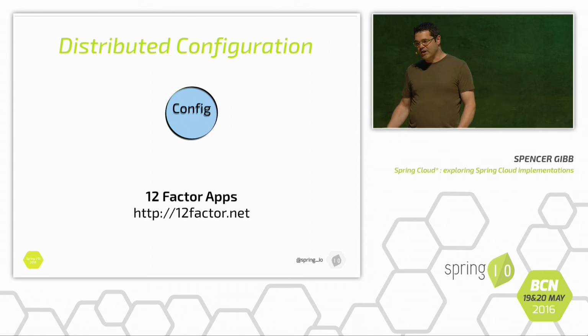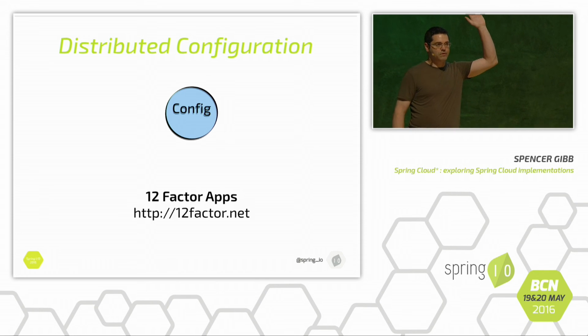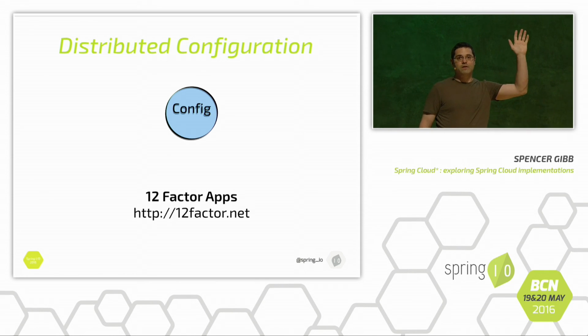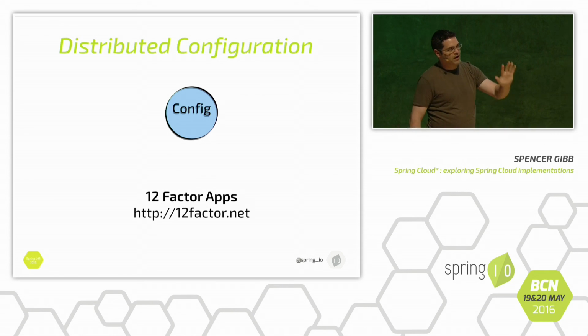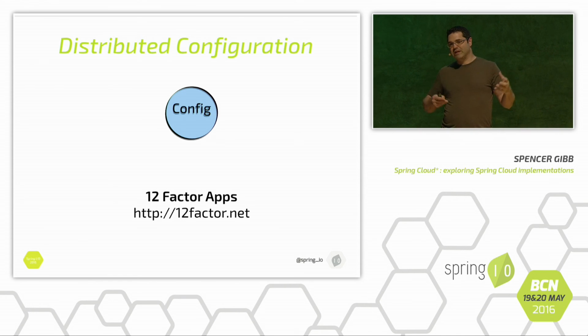So configuration, Josh showed you a little bit about config server. And again, it's a very, very simple concept. How many have heard of the 12-factor app? If you've never been to 12factor.net, it's a great read. Basically, this came from Heroku, and they said, we've found as we've built out our platform that these are some of the things that we adhere to.